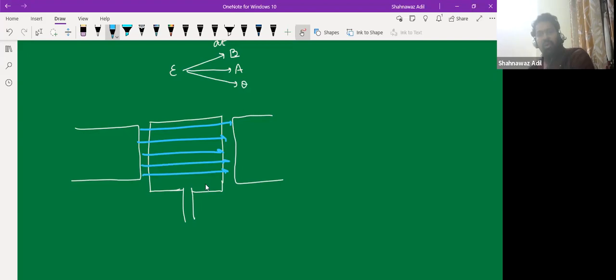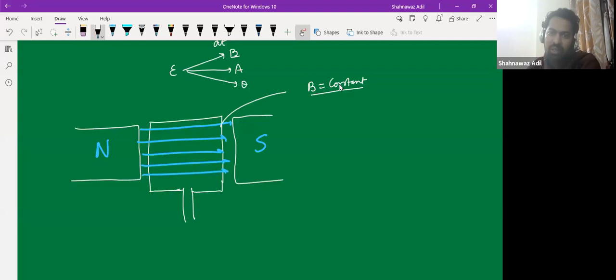What kind of magnetic field is this? It is some permanent magnet, so what kind of magnetic field are we getting, the constant one or the varying one? Constant, right? So this is constant, so this cannot create EMF.